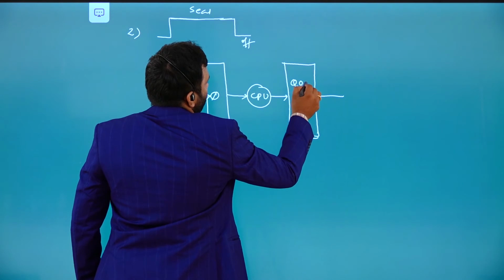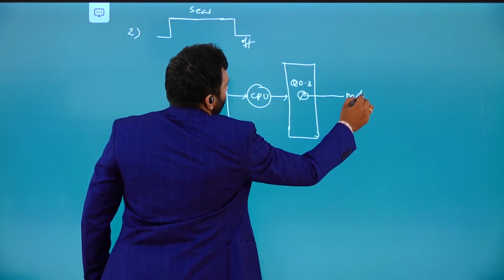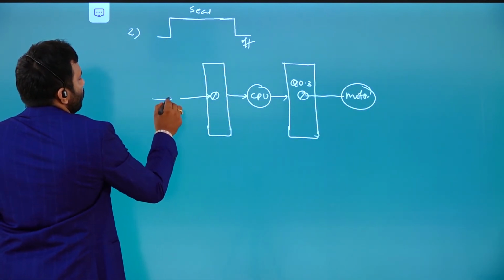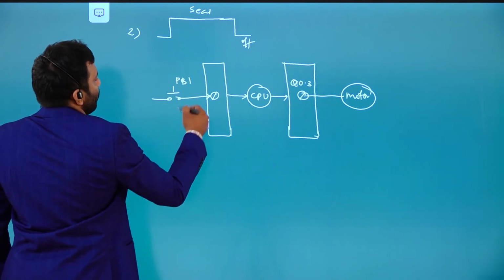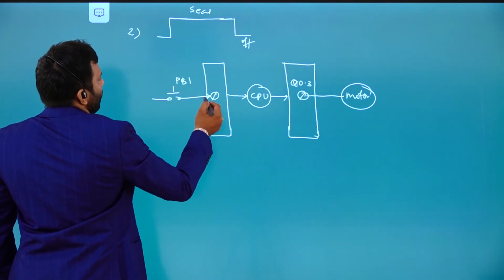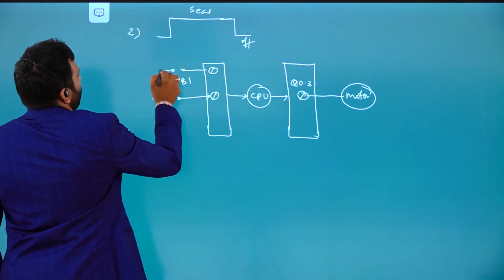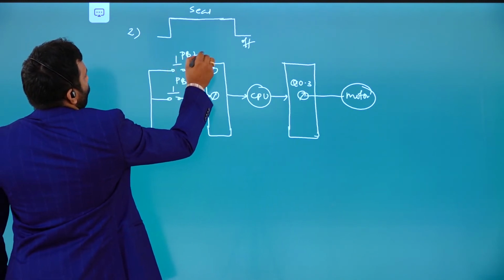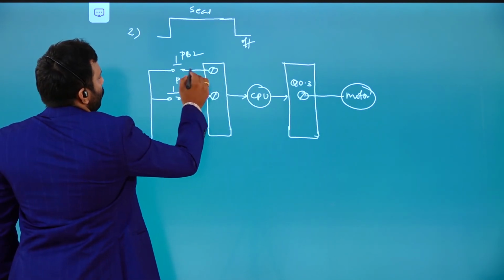For example, here also you need to connect it to the fourth terminal. Here the motor is going to be connected. To turn off this motor, we are going to use one push button. This is push button 1, connected to one terminal. The other terminal is going to be connected to the other push button, that is push button 2.